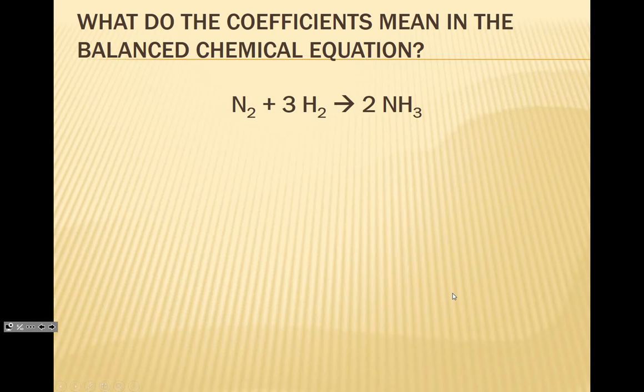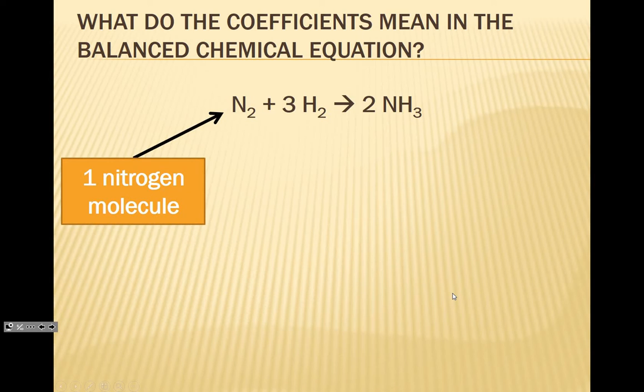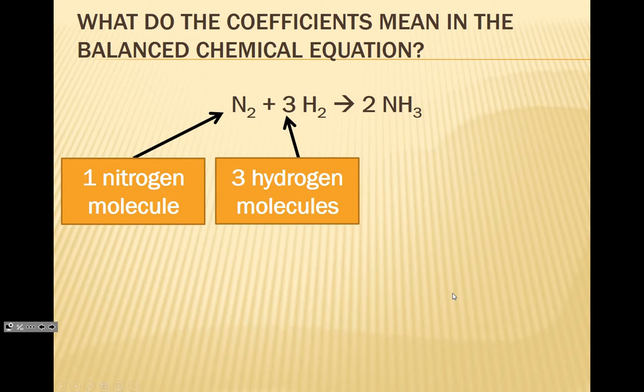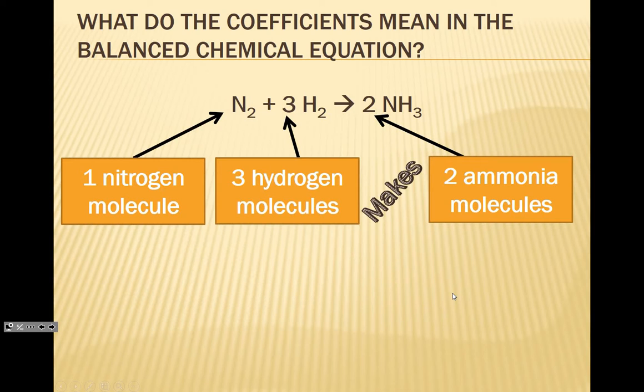So, as we look at this, and this is what you've got written in your notes, what we're saying with this is for every 1 nitrogen molecule, I need 3 hydrogen molecules to go with that so that I can get 2 ammonia molecules. Make sense? It's like a recipe. Okay? So if you want to write that down, you can. It just helps us to know how much of each one we need.